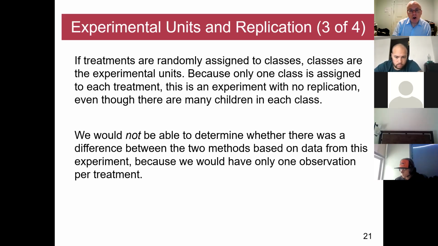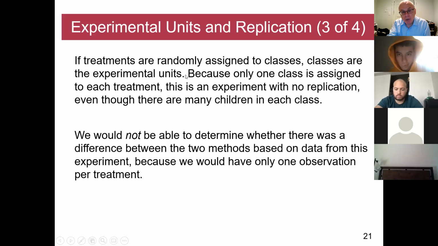I want you to put a star, or an asterisk, next to that right there. I'm telling you that is a very possible exam question, because I want to make sure that you understand what replication means. Replication has to do with experimental units. How many experimental units are receiving the treatment? In this case, the experimental units are the classes, not the students, because every student in that class is getting the same treatment.